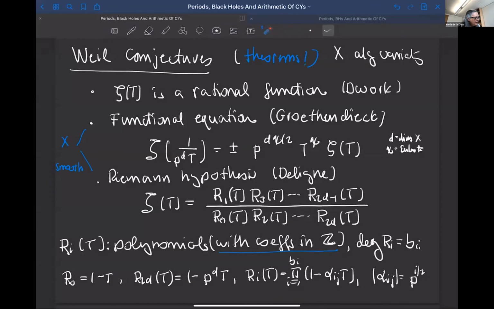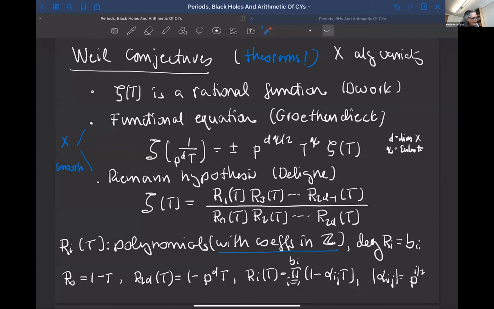There are two other properties called the functional equation and the Riemann hypothesis that were proven respectively by Grothendieck and Deligne, so you can just see them in the slides. D here is the dimension of the algebraic variety, and chi is the Euler number of the algebraic variety. And the Riemann hypothesis says that these polynomials in the numerator and denominator of your rational function factorize further over the integers.